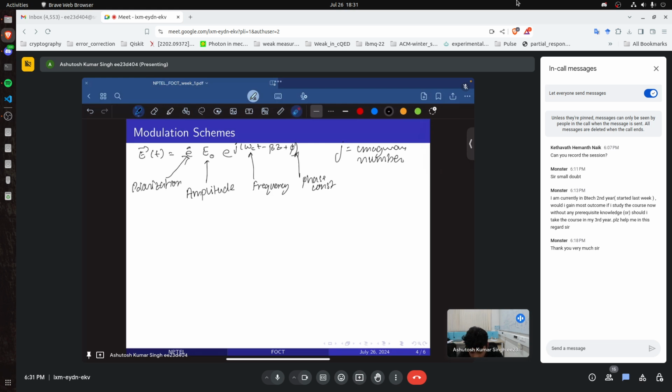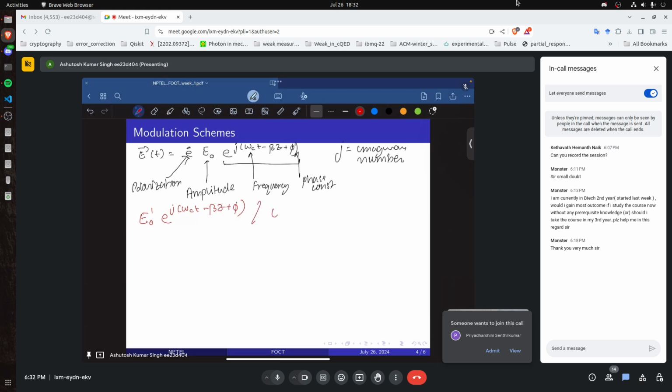Now usually polarization is not used in modulation. So if I have an electric field E naught and I vary its amplitude, that means the rest of these terms remain the same, and I have my signal E naught 1 e raised to the power j omega c t minus bz plus phi and E naught 2 e raised to the power j omega c t minus bz plus phi.